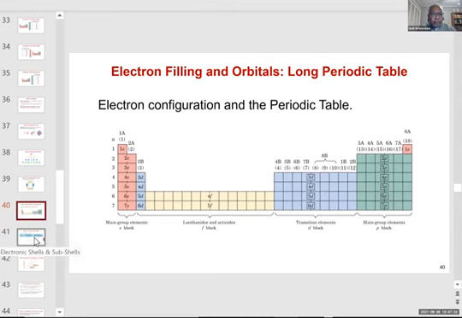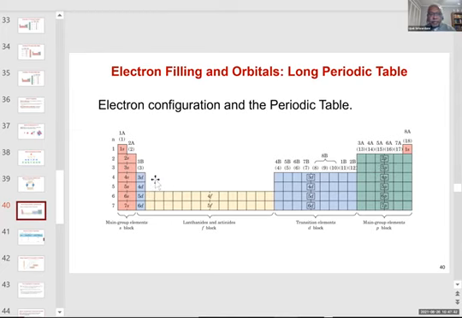So if you look at this, how many elements are in shell 1? 1, 2. Shell 2: 1, 2, 3, 4, 5, 6, 8.